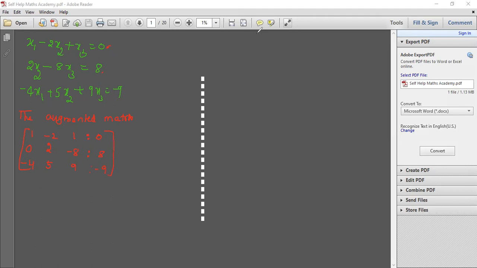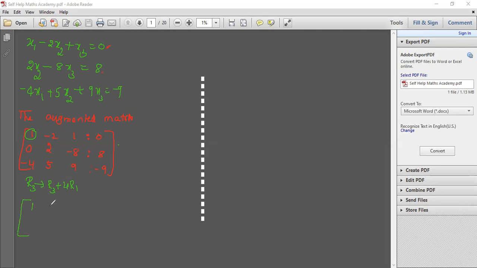Now observe that the leading element is 1. With the help of this, I will try to make this element 0. I'll use the row operation R3 changes to R3 plus 4 times R1. Here you have 1 and here you have minus 4, so with this row operation we can make this element 0.